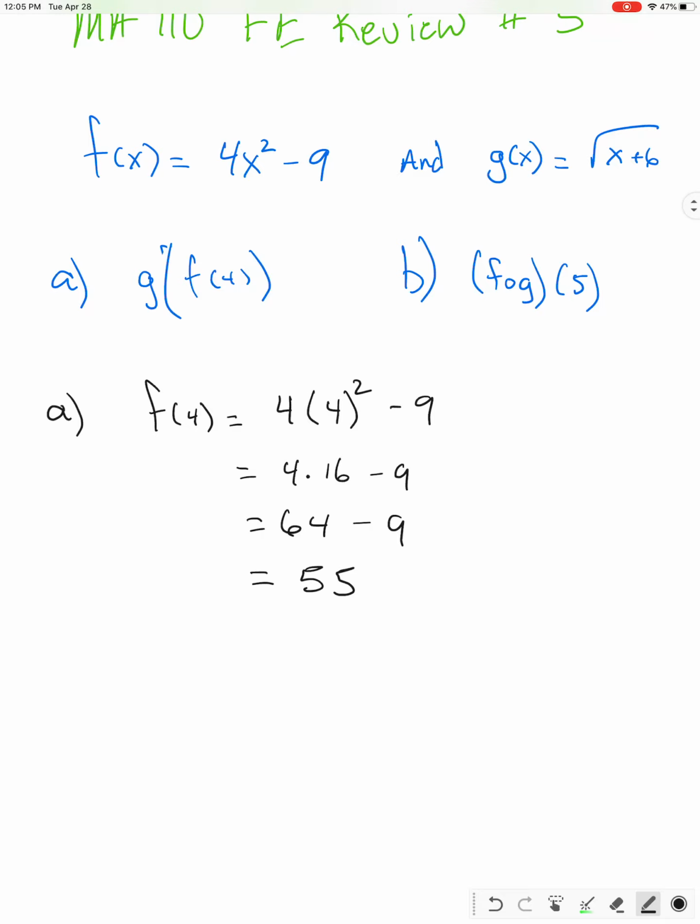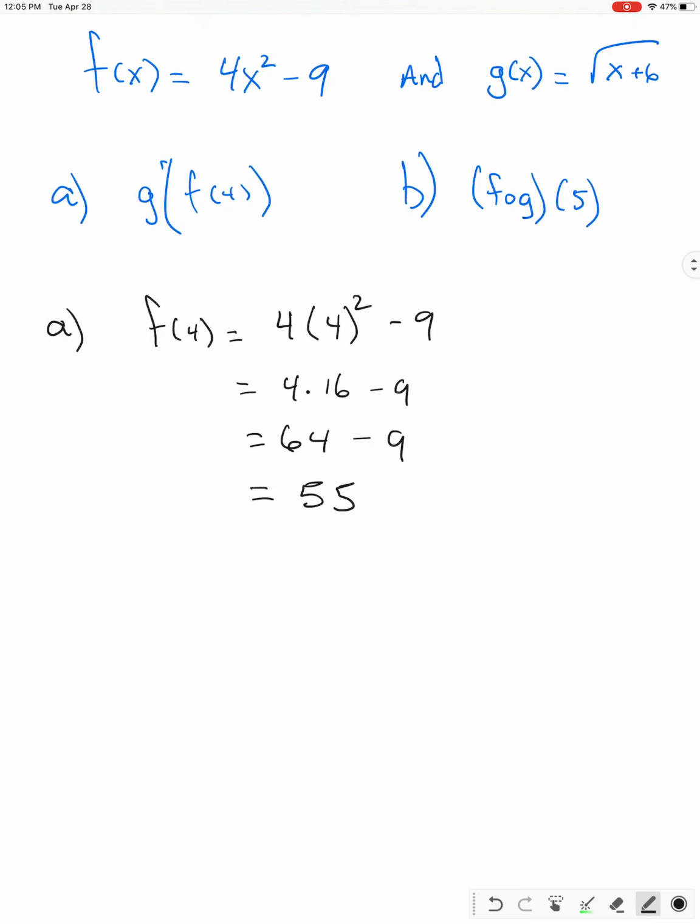So 4 times 4 squared minus 9 is 55. So now I have this 55 number, and what I need to do then is put that inside of g.